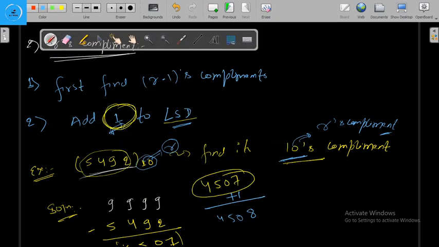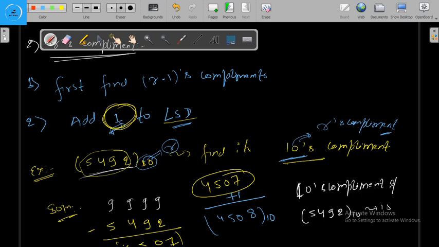So the 10's complement of the given number 5492 is 4508.